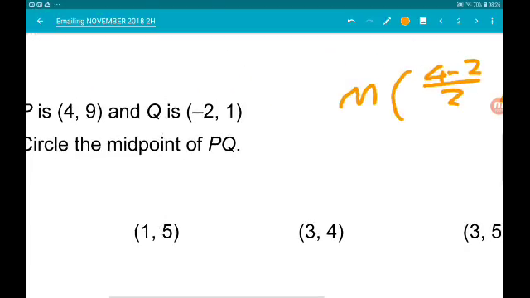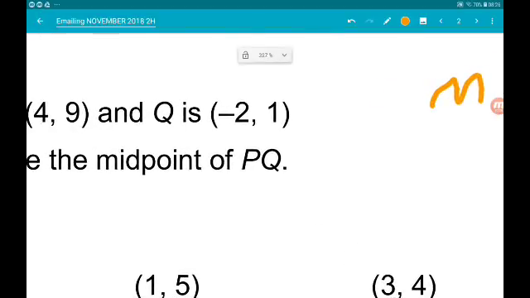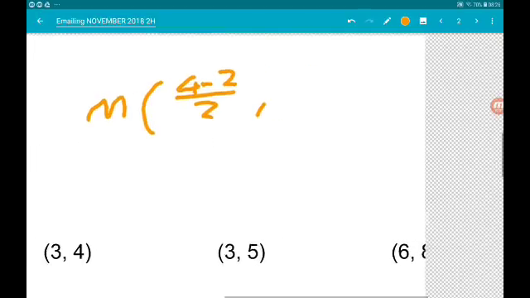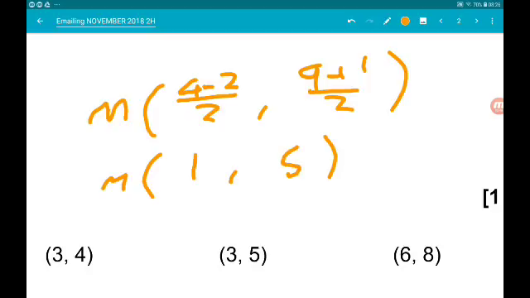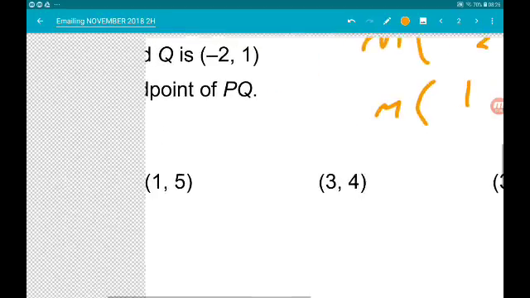Same for the y's, so 9 add 1 over 2. So that's going to give us 2 over 2 is 1, 10 over 2 is 5. So it's 1, 5.